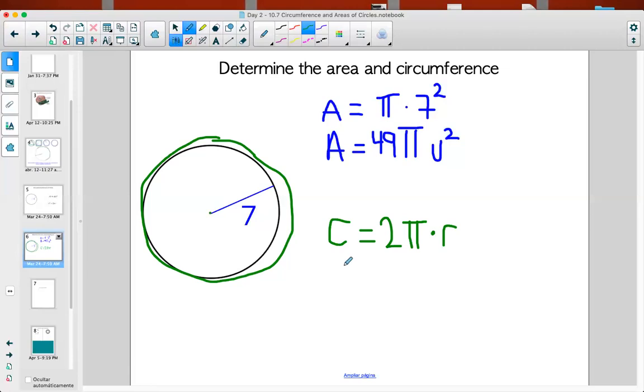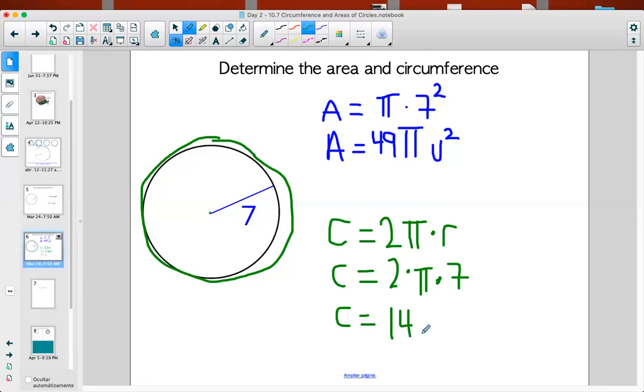So circumference will be 2 pi, remember times pi, times 7. And that's going to be an exact answer of 14 pi.